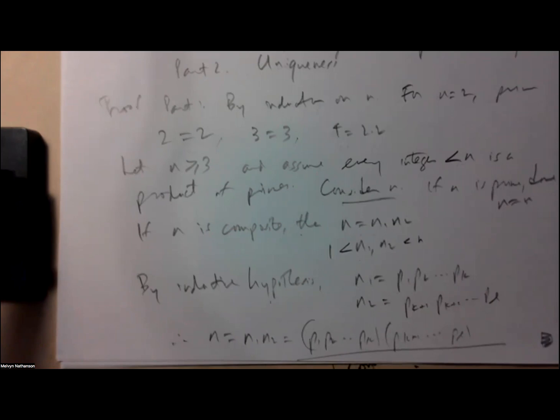Every positive integer is a product of prime numbers. That's the first half of the statement of the fundamental theorem of arithmetic. The second half is the uniqueness. If I have two factorizations of an integer as a product of primes, they have to be the same.